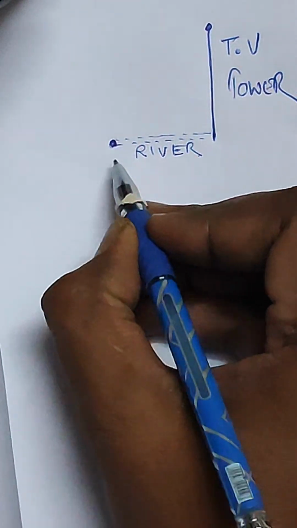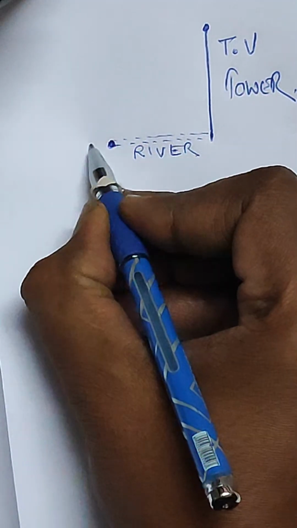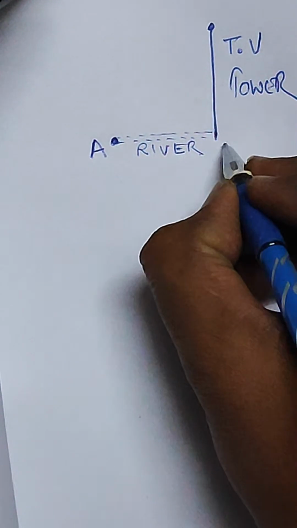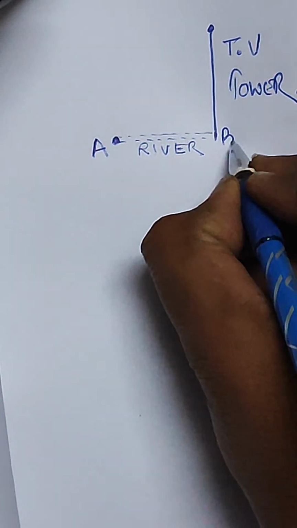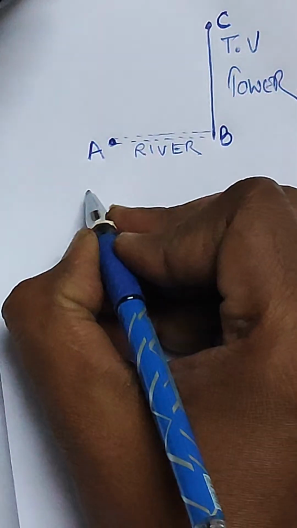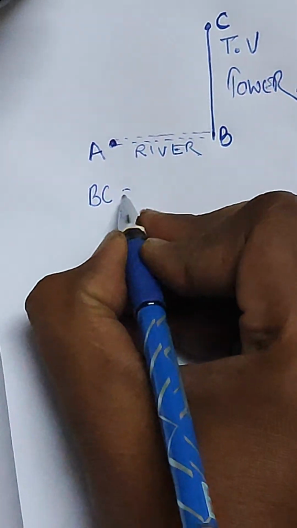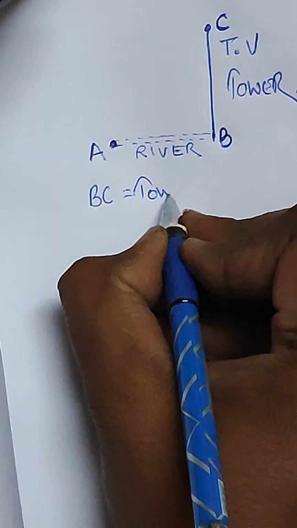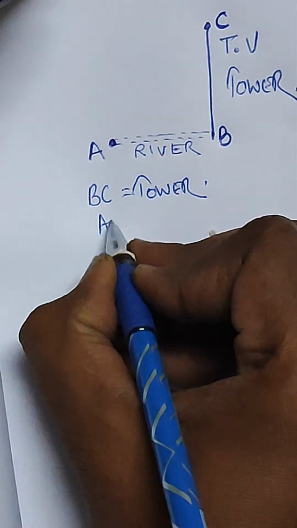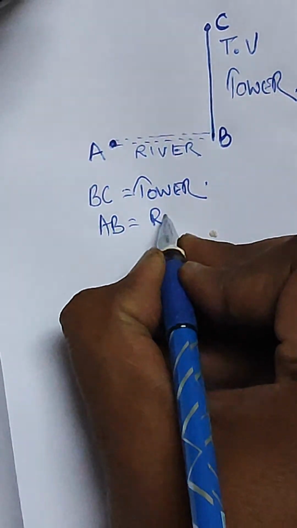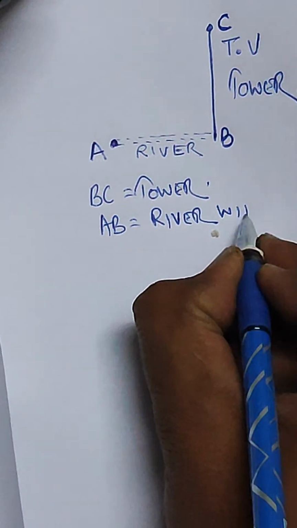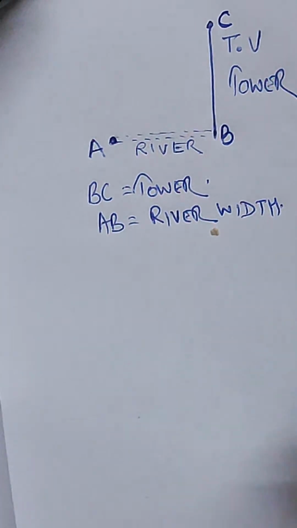So let us say this point is nothing but A, this point A, and the tower, let us say this tower is represented by BC, right? So let me write BC as TV tower, and AB as river width, right?